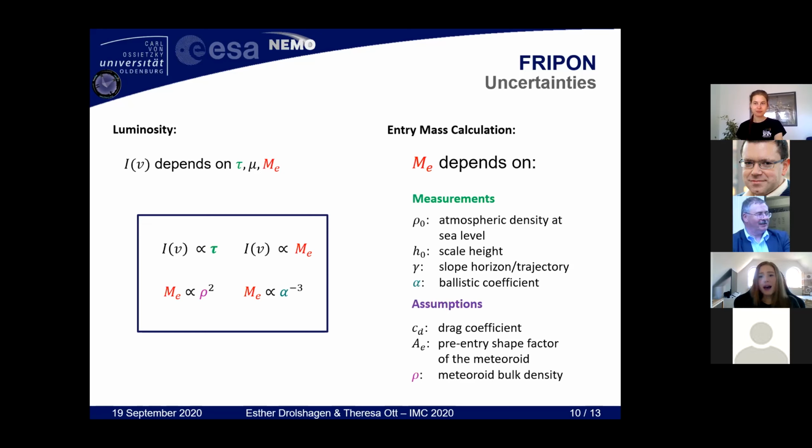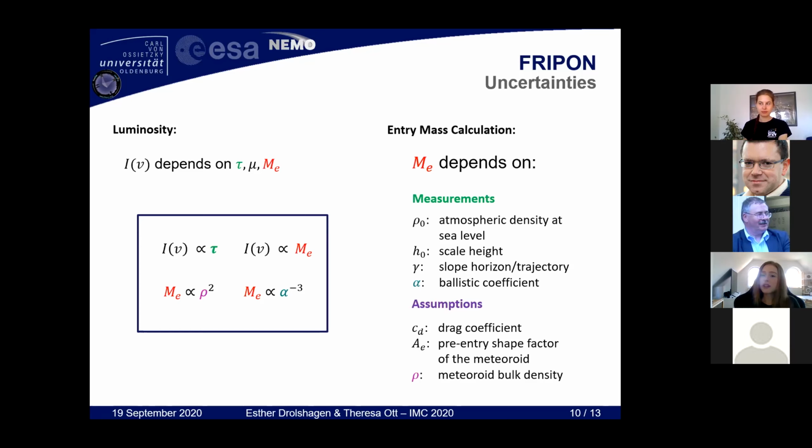The mass depends on some measurements which we think are quite certain. One of those is alpha, the ballistic coefficient, computed from the height information and velocity information. We use this value as computed by the three-prong pipeline. The entry mass is proportional to alpha to the power of -3, so this would affect the results a lot if there are uncertainties in alpha.